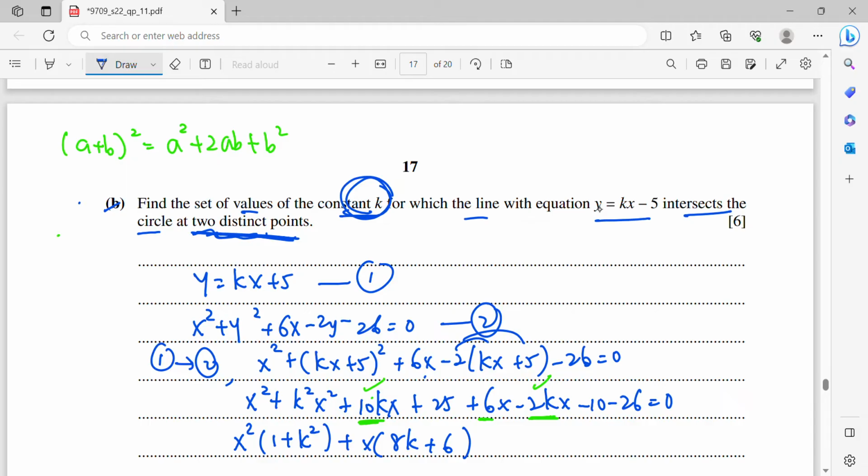Okay, I check back my working. This is minus 5, but I wrote positive 5, so I have to change back. Change plus 5 to minus. So here kx minus 5, minus 5, minus 5. So when I do my expansion, second term here will be minus, and then with this minus, minus 2kx becomes plus 10, then minus 26.